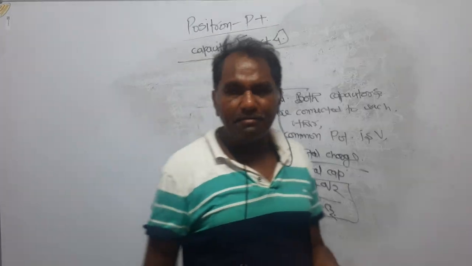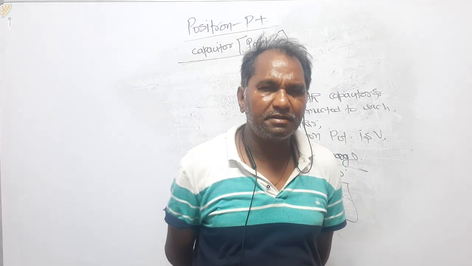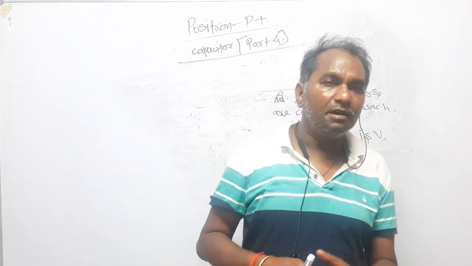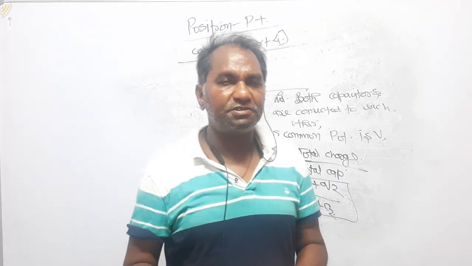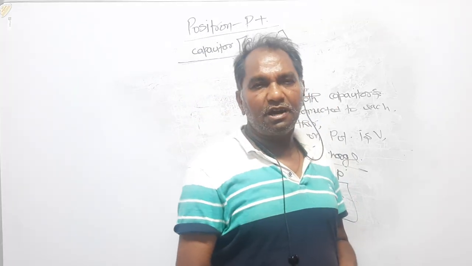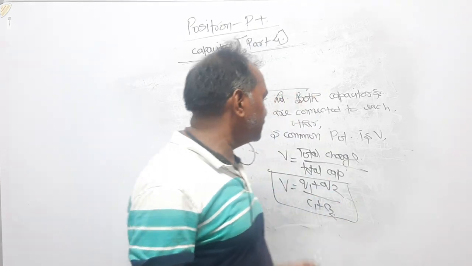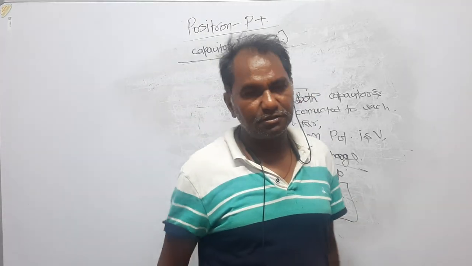As I have told you, as soon as the two capacitors are connected, there will be redistribution of charge because a potential difference is established, and that redistribution stops as soon as both capacitors come to a common potential, and we find the common potential this way.